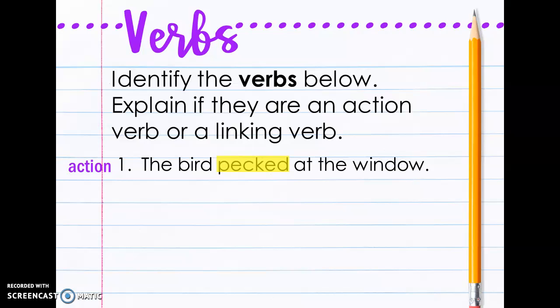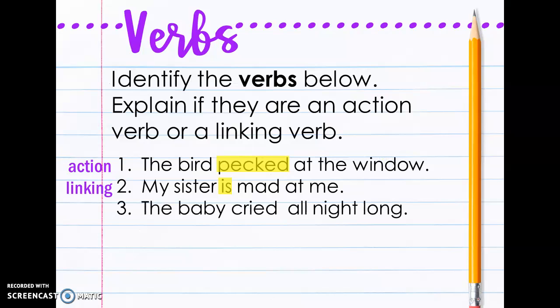And that's an action verb because that's something the bird is doing. My sister is mad at me. Do we have an action verb or a linking verb here? My sister is mad at me. That's a linking verb that is connecting our subject and our state of being.